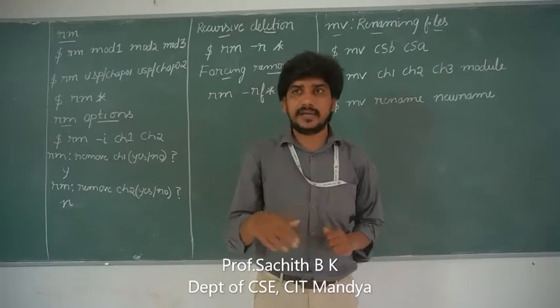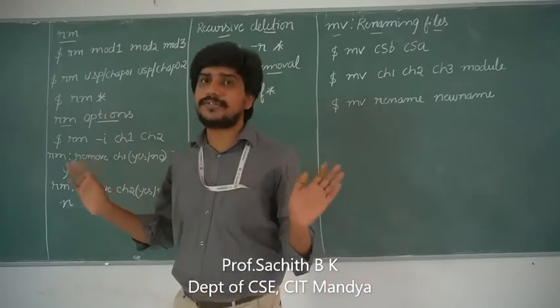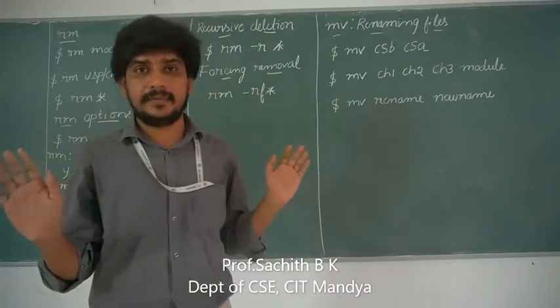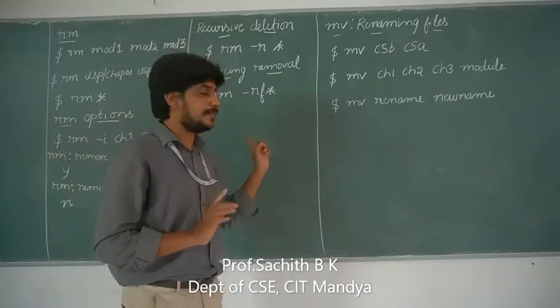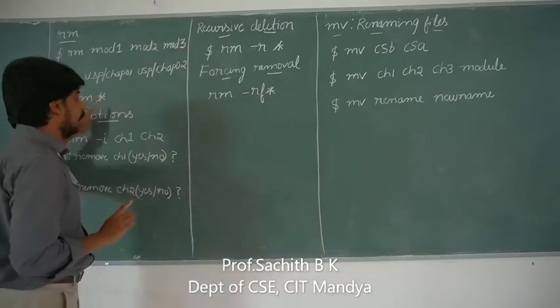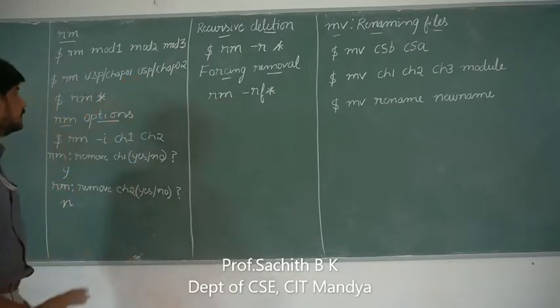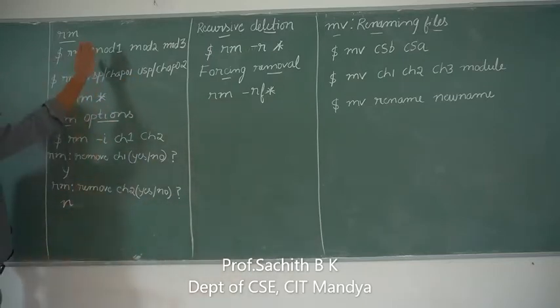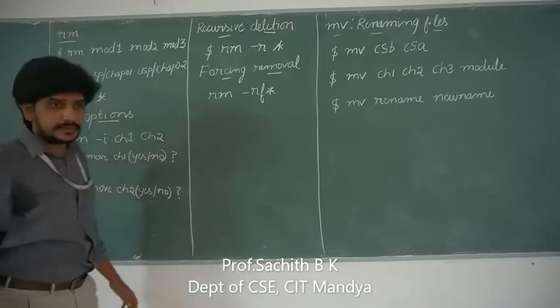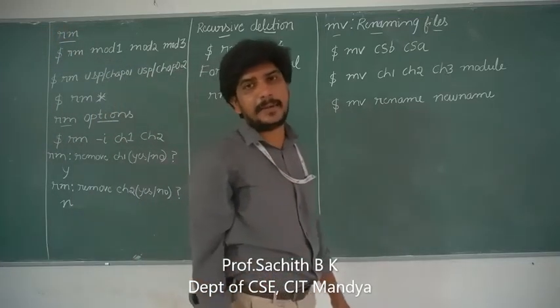Whatever contents are inside that directory, all those contents will get deleted whenever you are using the star operator along with the rm command. All the contents present in the current working directory will get deleted. So these are the basic things you need to remember with respect to the rm command.